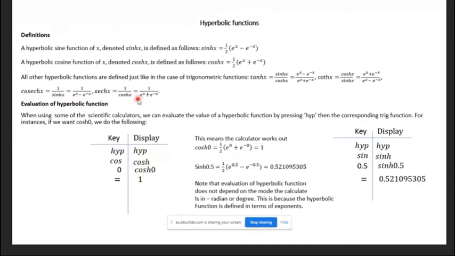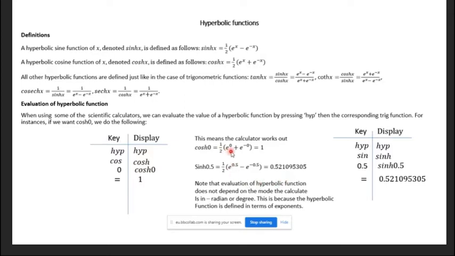Now, if we want to use a calculator to identify the hyperbolic functions, let's say for argument's sake, we want to work out hyperbolic cos of 0. Looking at the definition of hyperbolic cos, we are simply going to put 0 where we see x.